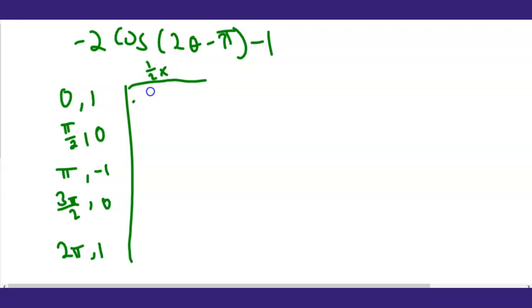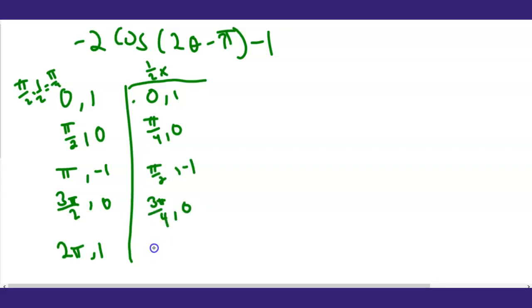So 1/2 times 0 is still 0. 1/2 times pi over 2 is pi over 4: 1 times pi is pi, 2 times 2 is 4. Pi times 1/2 is pi halves, and 3 pi over 4, and pi.